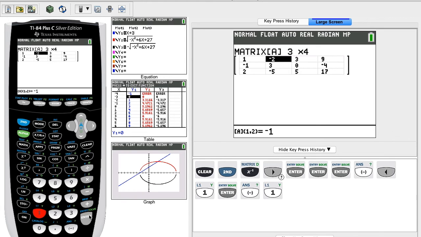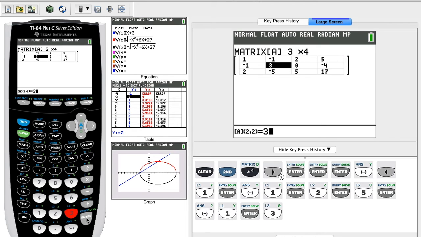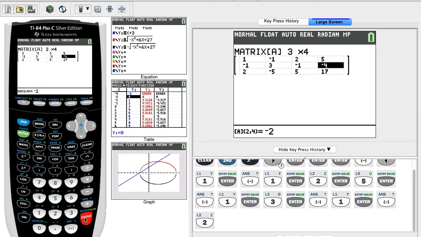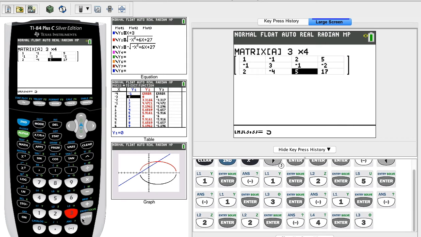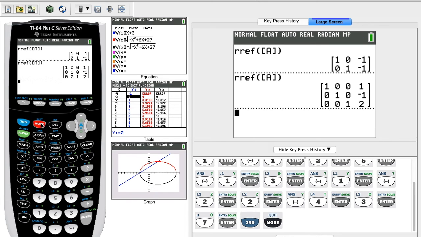Our next one is negative 1, 2, 5, and then we have negative 1, 3, negative 1, negative 2, 2, negative 4, 3, and 7. And once we get the matrix plugged into the calculator, we can do second quit.